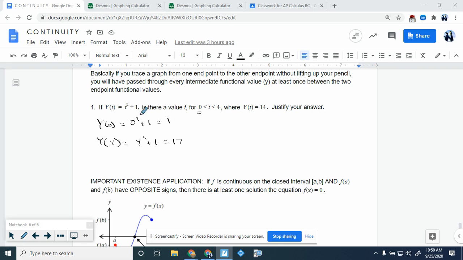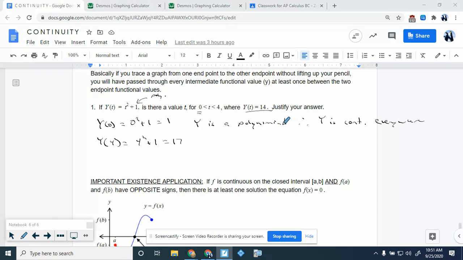Now, because y is continuous, which, by the way, is y continuous? You should know that, because it's a polynomial. So we can say y is a polynomial, therefore y is continuous, really everywhere. If I know the function's continuous, and at one endpoint I'm at a value of 1, and at the other endpoint I'm at a value of 17, then what's between 1 and 17?